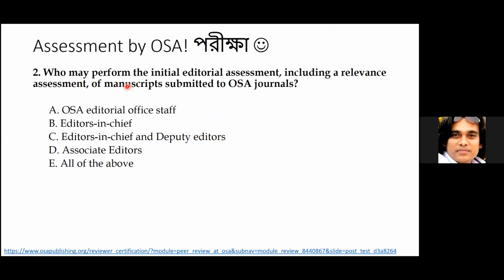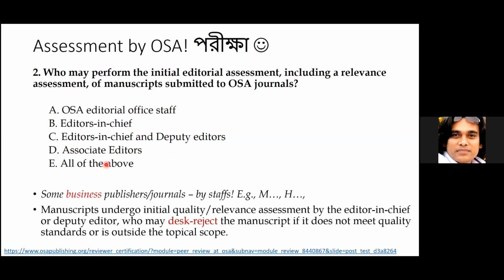So definitely not the editor-in-chief, but staff, and so on. But we have to make sure, because there are some business publishers or journals where paid staff are doing this kind of thing. I start with M or H, you understand which publishers. I don't like those, even though I have papers over there.